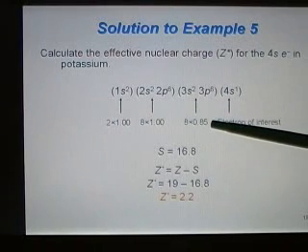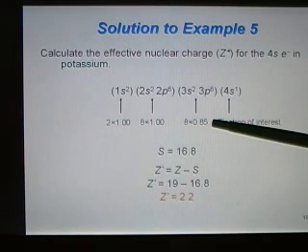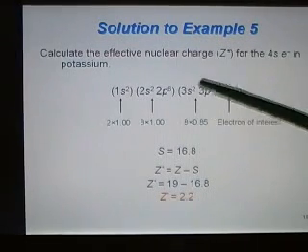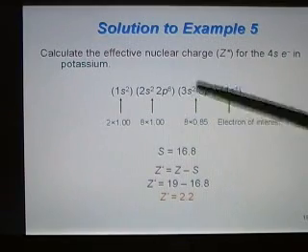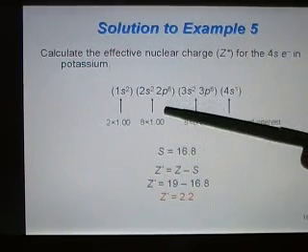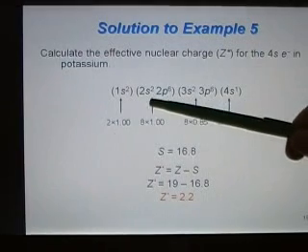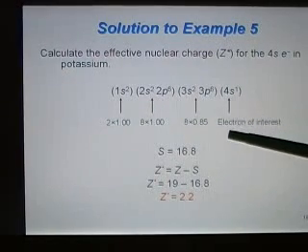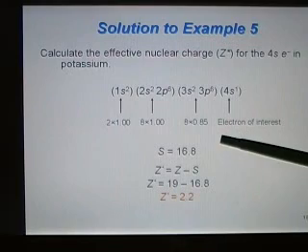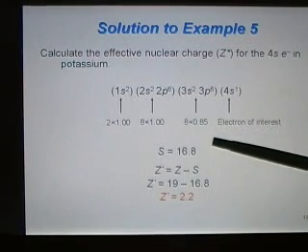There are 8 electrons in the 3s and 3p orbitals. Since they're in n-1 orbitals, they each contribute 0.85 to the shielding. So 8 times 0.85 is the contribution by the 3s and 3p electrons. The 1s, the 2s, and 2p all contribute 1 for each electron to the shielding.